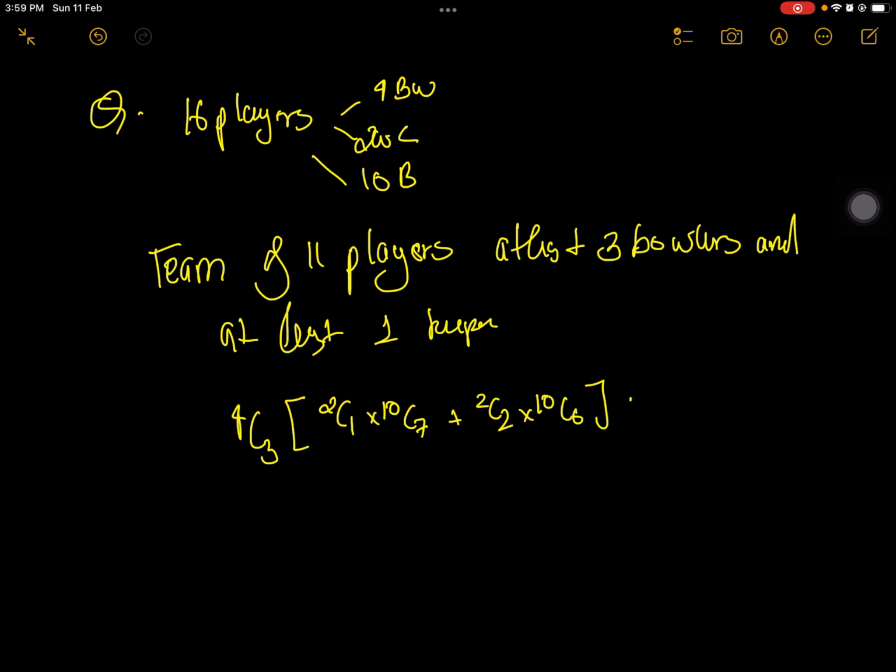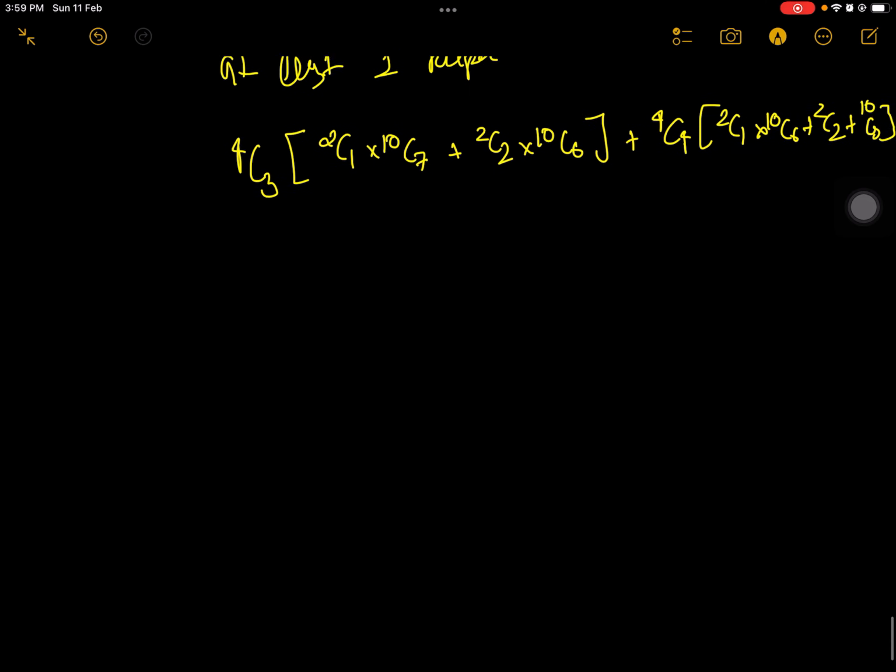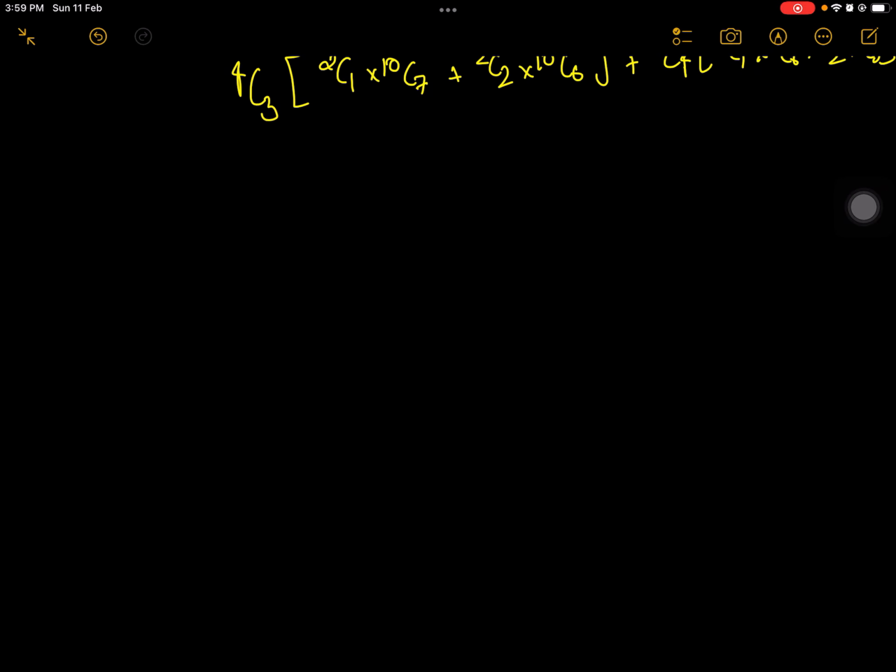Now let's say you take exact 4 bowlers. So then again you do the same thing what you did previously, except take in the case that you took an extra bowler. Next question.